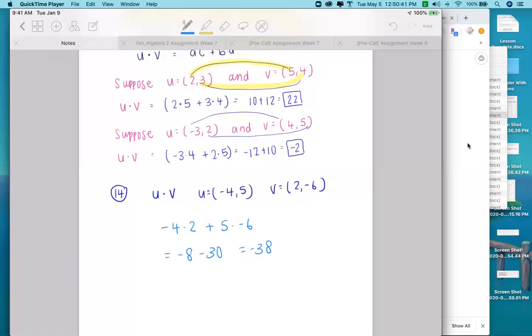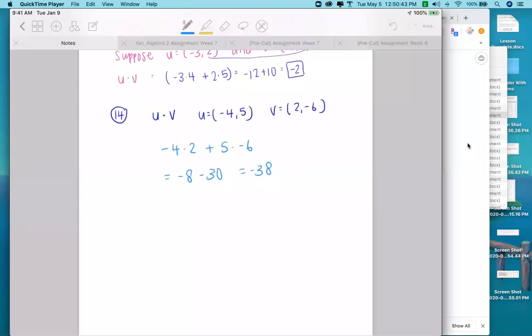Okay, now I'm going to do number 6. Number 6 is a little bit different because it says find two distinct numbers b so that b times a vector equals 4. We have to remember these lines right here.